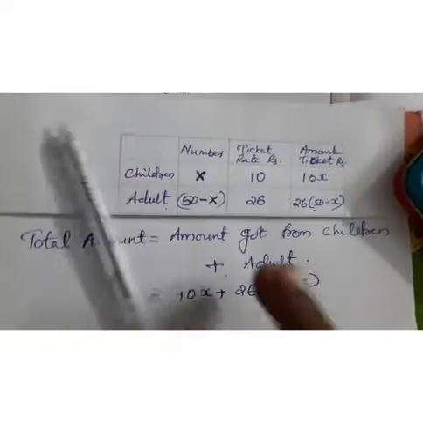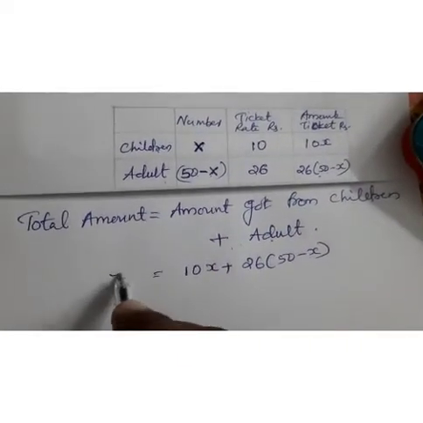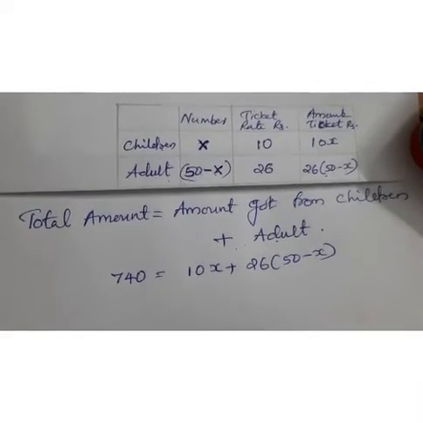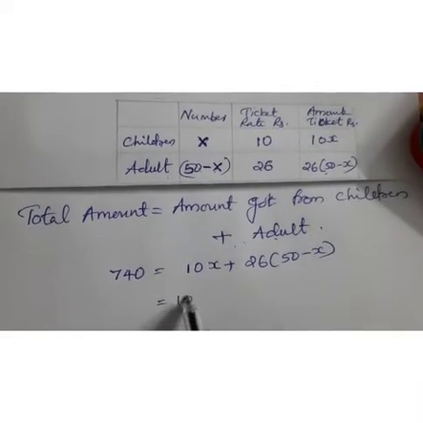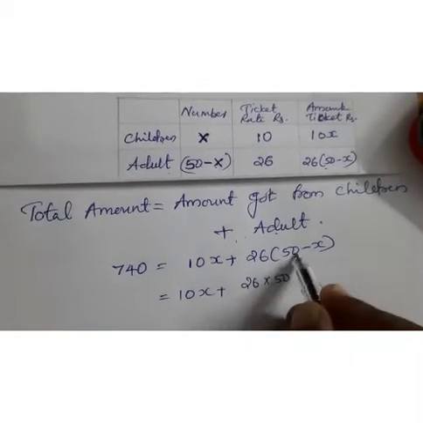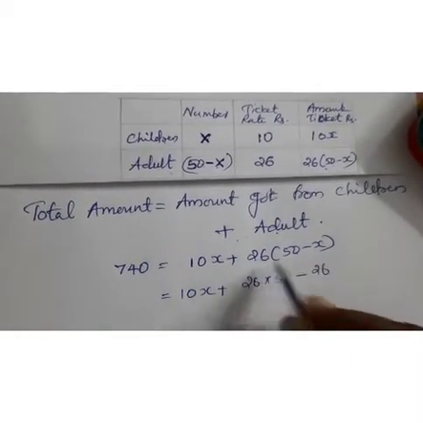740 rupees. So this is equal to 740. Then it is 10x plus 26 into 50 minus 26 into x.